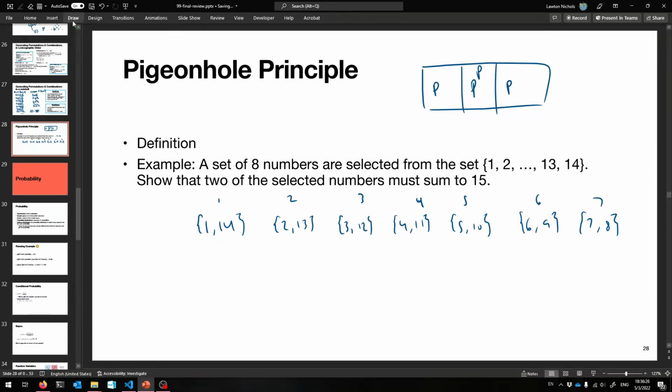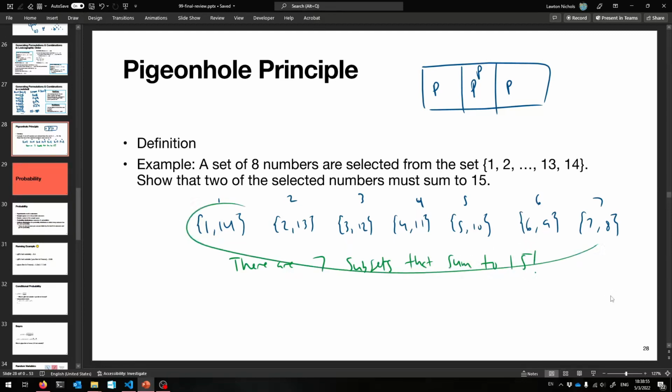So with that knowledge, we can actually prove this. There are 7 subsets that sum to 15. But we have used every possible number in each of these subsets.